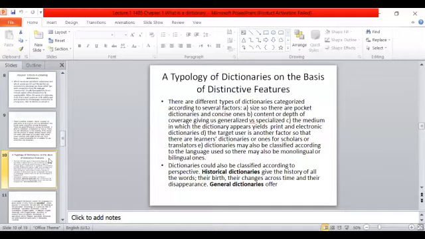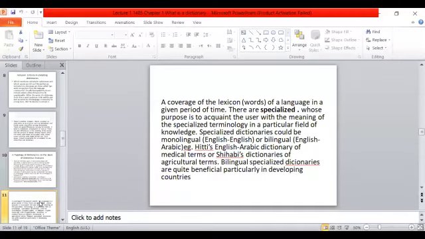Historical dictionaries give the history of all the words, their birth, their changes across time, and then their disappearance. General dictionaries offer a coverage of the lexicon words of a language in a given period of time.